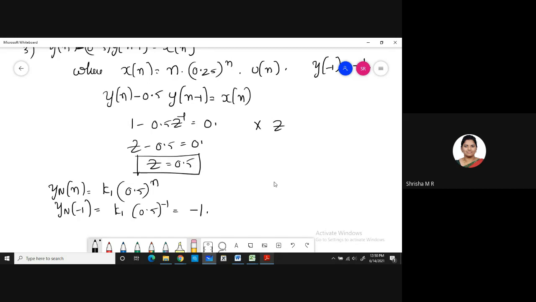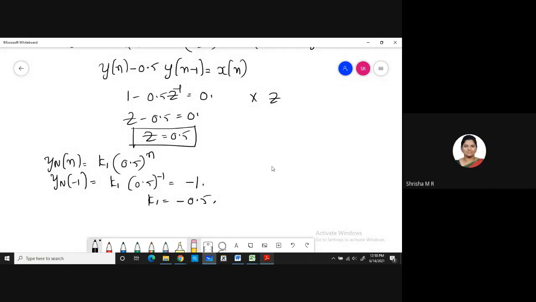K1 by 0.5 is equal to minus 1, so k1 will be equal to minus 0.5. Your natural response yn of n will be equal to minus 0.5 into 0.5 to the power of n. This we will add with the total response at the end.